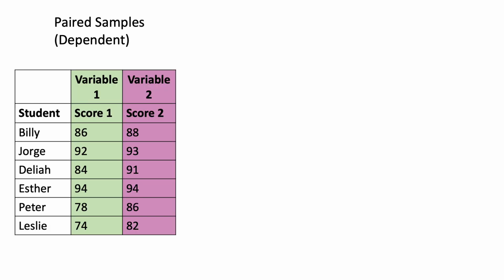So when we're setting up our data, we have to do something a little different. When we've got paired samples, we've got a student, we've got variable 1 that is their score at time 1, and variable 2, their score at time 2. It's pretty straightforward.